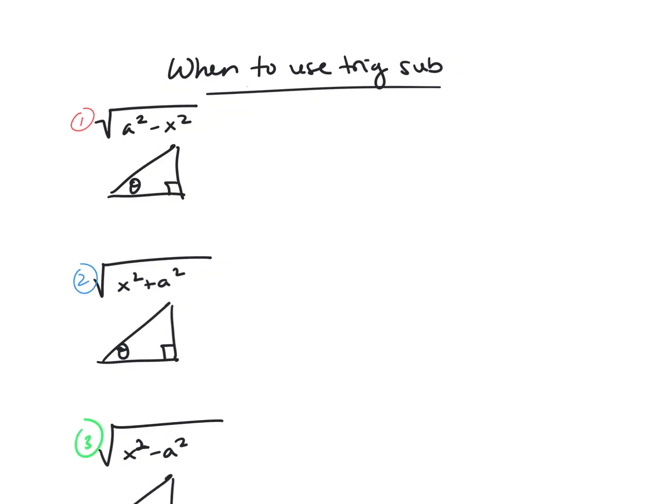If you see things that look like this and they show up in your integral, then it's probably a trig sub integral, okay? And then for what substitution to make, well, the first one is the one that we saw previously. When we saw square root of 9 minus x squared, that was using a equals 3 here. You're looking for some number squared minus x squared in there.